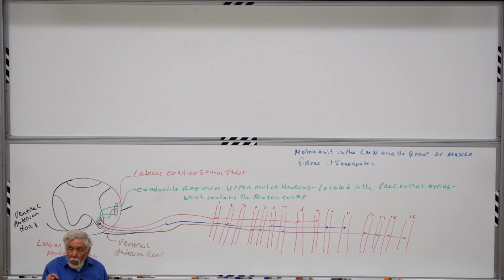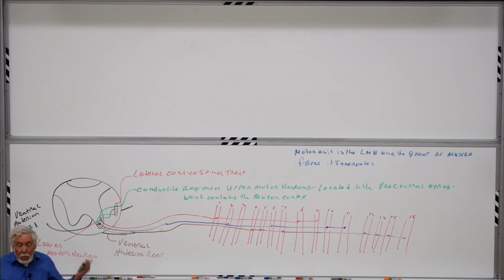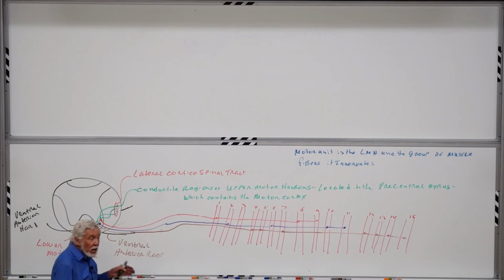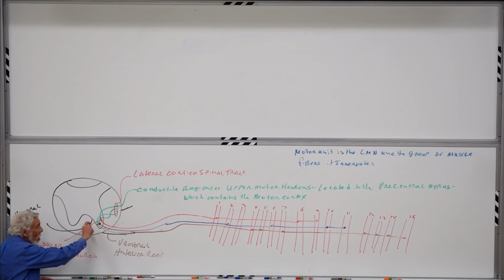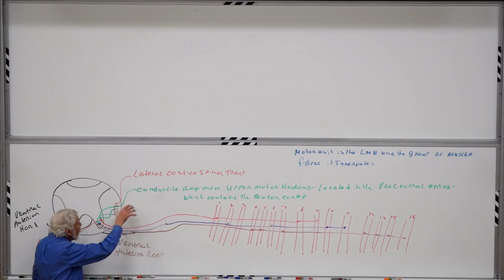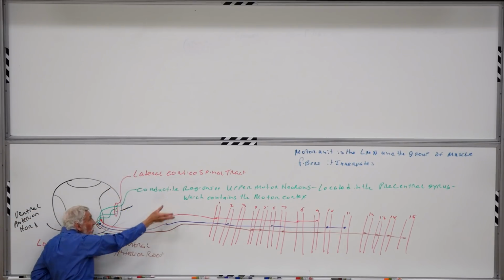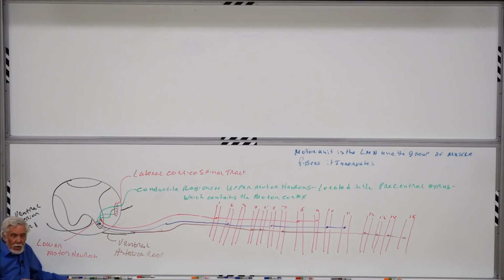But then the question arises, how do we get enough hand strength to pick up a bucket of cement? That is done by recruiting more and more and more motor units until all of the muscles in the hand are contracting almost simultaneously to generate enough strength to pick up the bucket of cement. But we can regulate the number of lower motor neurons that are active over a broad range by the number of upper motor neurons we recruit.